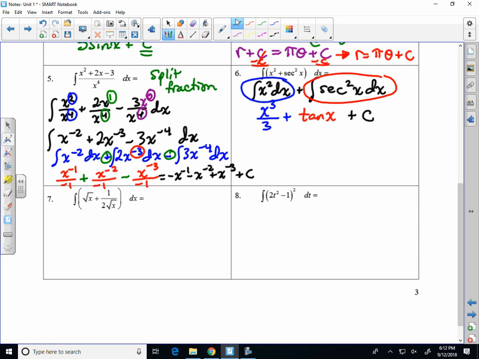All right, number 7, we want to do the splitterooski here. But then we also want to make some adjustments. When you were finding derivatives and you were given a radical, the first thing you did was convert it into power form.